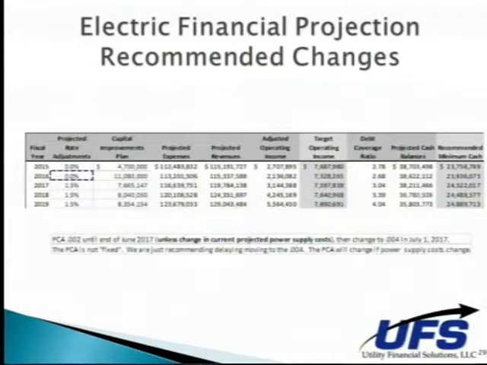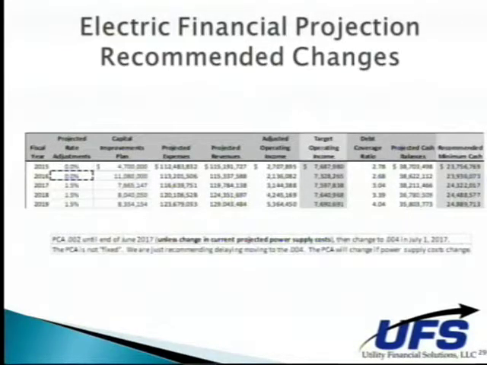And this table shows we would not recommend a rate increase for 2016, which is next year, the next budget period. For the power supply costs we know today, we would keep the 0.002 PCA. All that's simply doing is delaying our cost recovery on some of the past PCA that we're trying to recover.